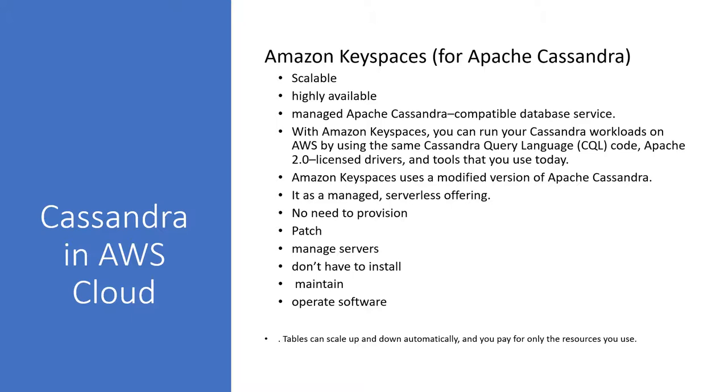The API which you use to interact with the database works in Amazon Keyspaces. Whatever tools and drivers you have been using on your on-premises Apache Cassandra, you can continue to use in Amazon Keyspaces. Virtually there is no difference between using Apache Cassandra on-premises or Amazon Keyspaces in the AWS cloud.